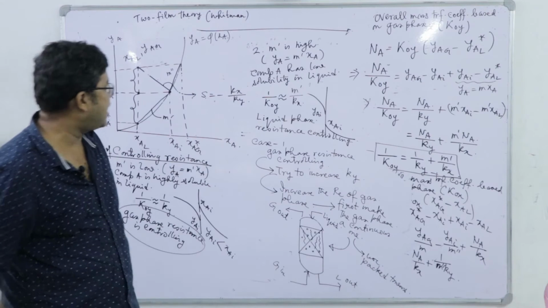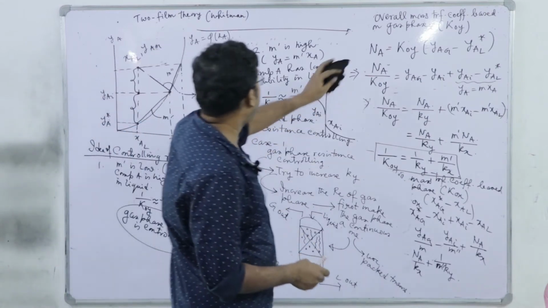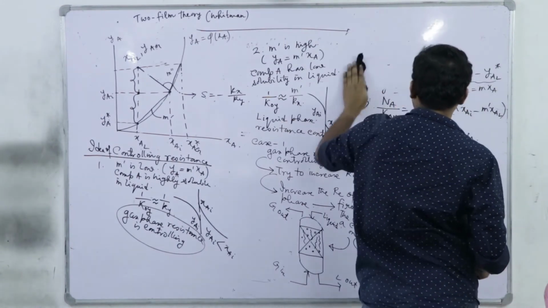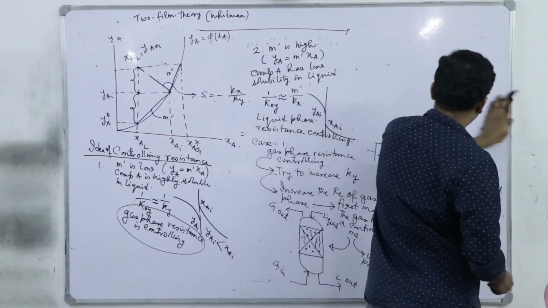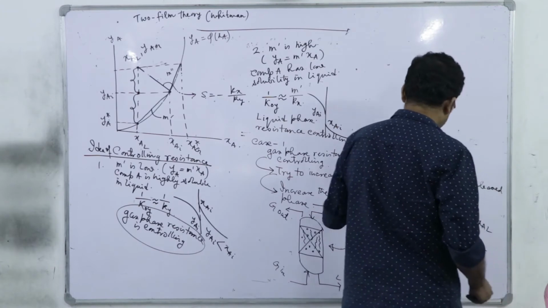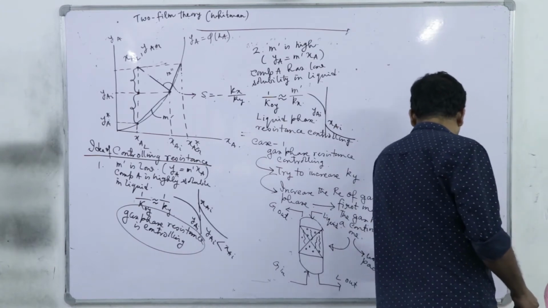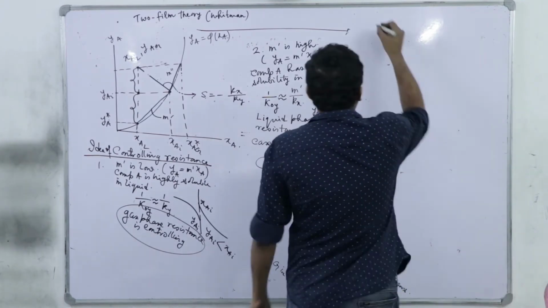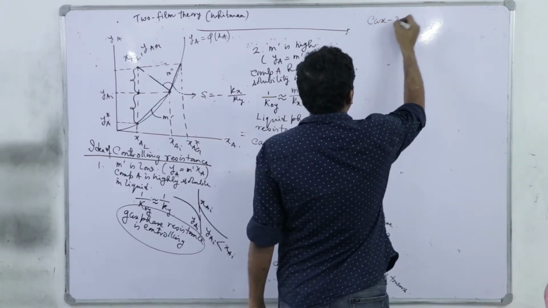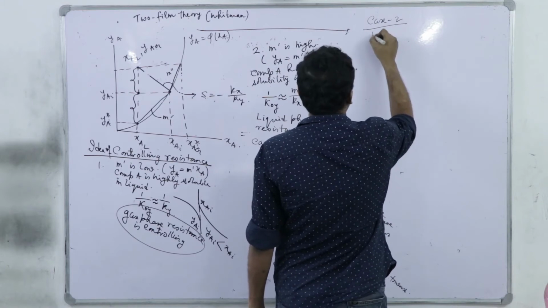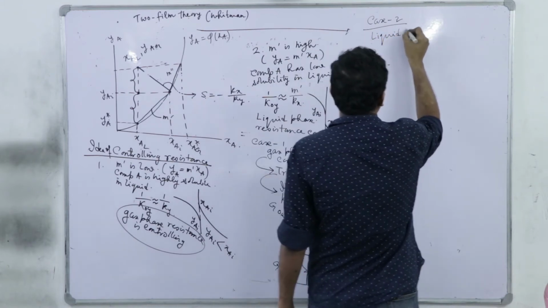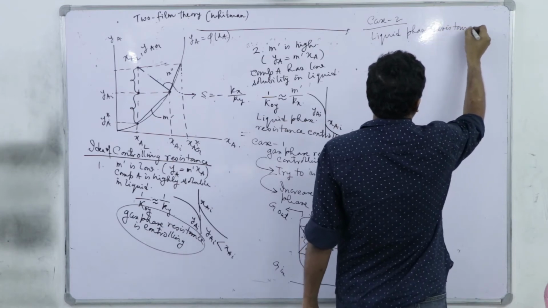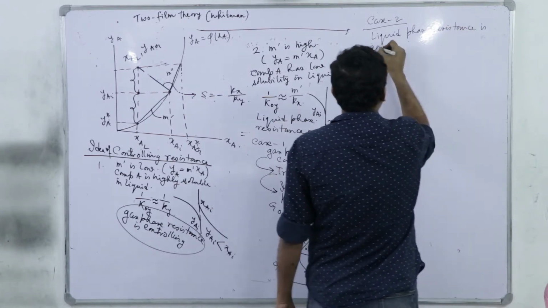And just the reverse happens in case M prime is high. So case 2, liquid phase resistance is controlling.